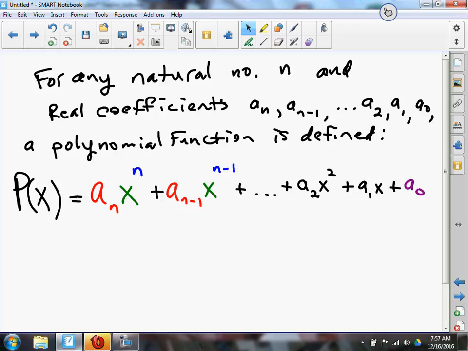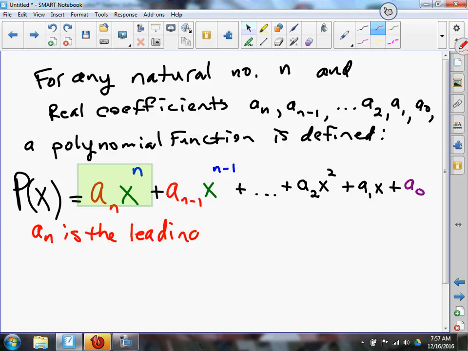So the very first term, if you would, this whole thing, a sub n x to the n, that first term has some parts to it. A sub n is the leading coefficient. Okay.